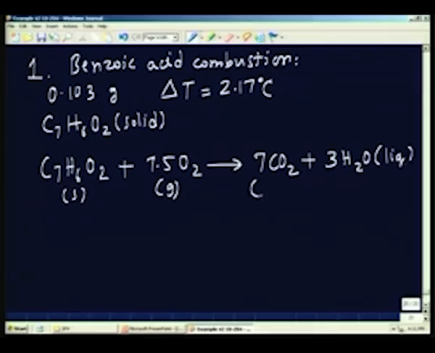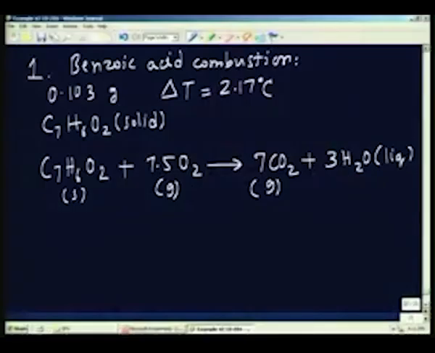If you remember, CO2 is in the gas form. The water is in the liquid form because we have already saturated the oxygen to start with, so that it cannot hold any more water in the form of vapor, therefore, it will condense. During this reaction we had 7.5 moles of oxygen and the number of moles of carbon dioxide formed is 7.